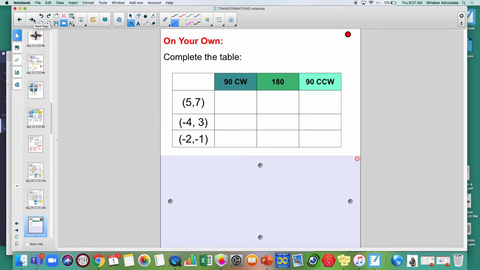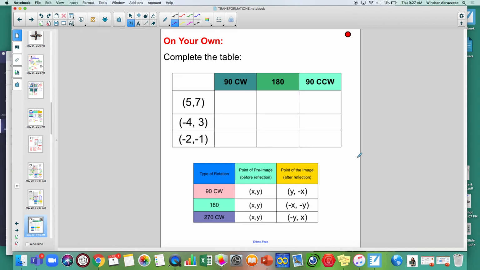Lastly, sometimes you won't have a graph and you're just going to need to rotate points. So we're going to use our table to fill in this chart. So if I have the coordinate 5, 7, 90 degrees clockwise, remember I flip-flop the places of x and y, and I do the opposite for x.